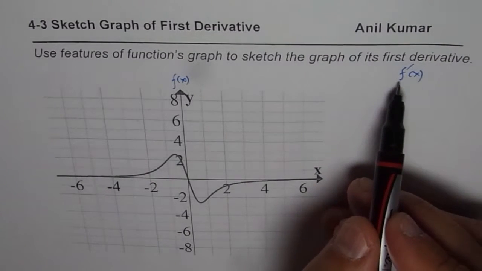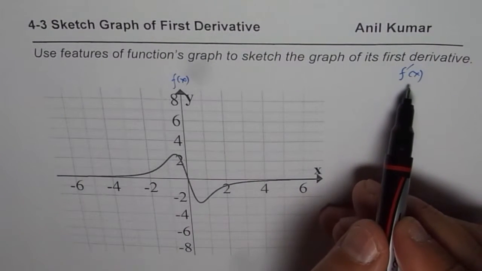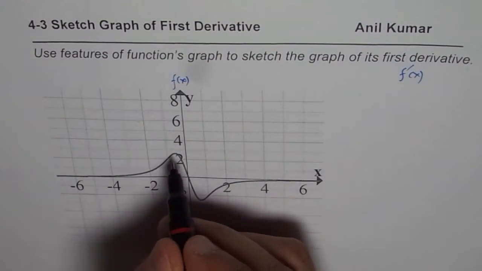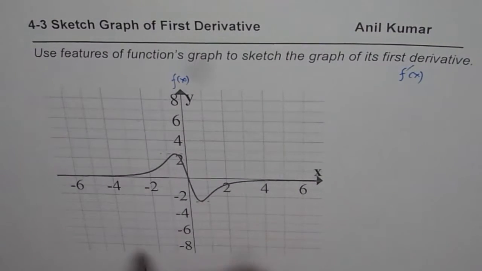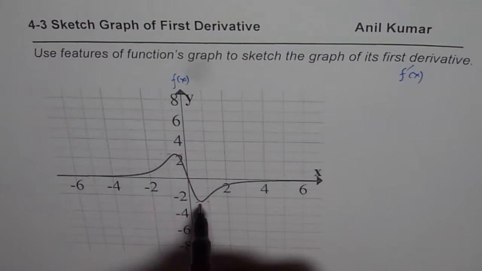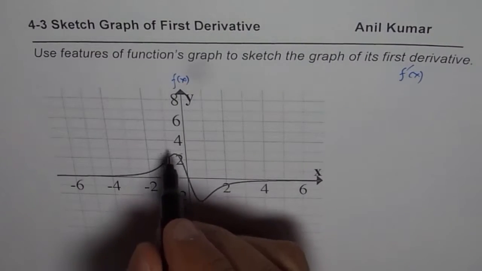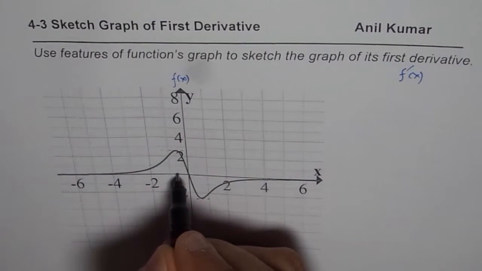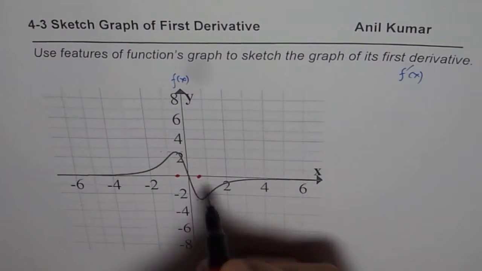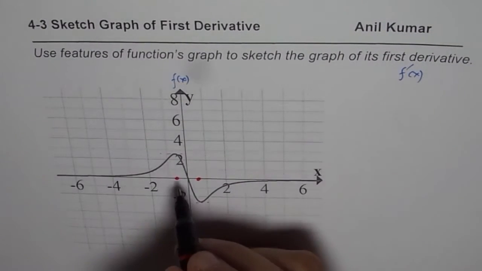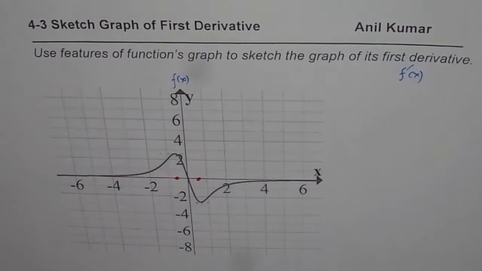Whenever you want to sketch the graph of a derivative, you should first look for turning points. So this is a turning point, that is also a turning point. Tangent slope is 0. That means for the derivative at this point it should translate to zeros of the derivative, right? So for the derivative it should be 0. So we get 2 points on our graph which happen to be 0.